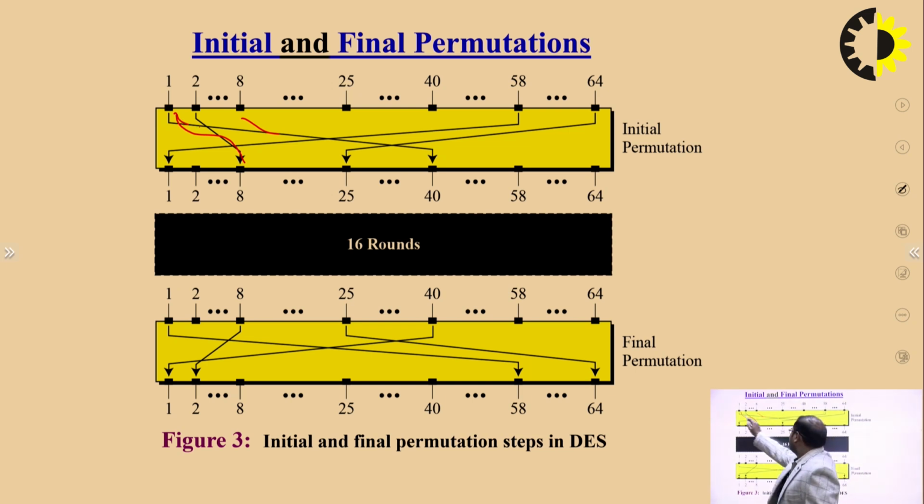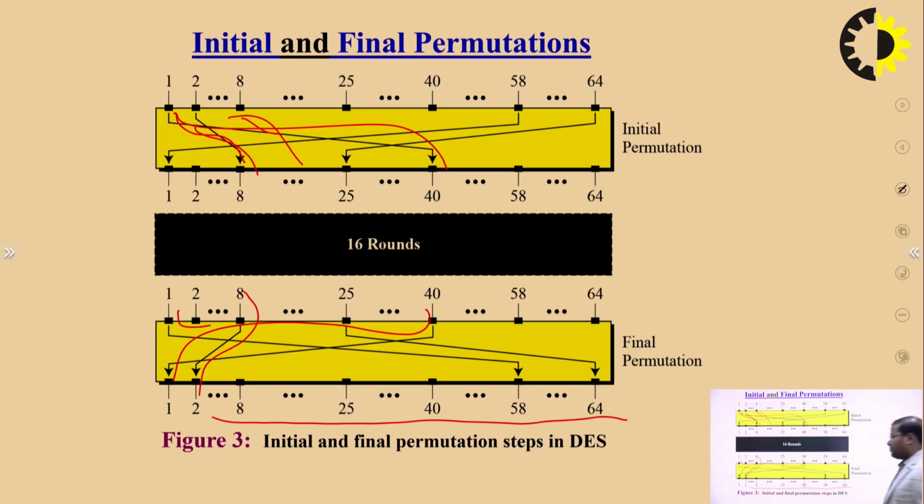So, 1 goes to this, 2 goes here, 3 goes here, and in the reverse, again to get the original, 40 comes at the first position, 8 comes at the second position, and finally 64 bits are generated. So, this is the initial permutation, and this is the final permutation.